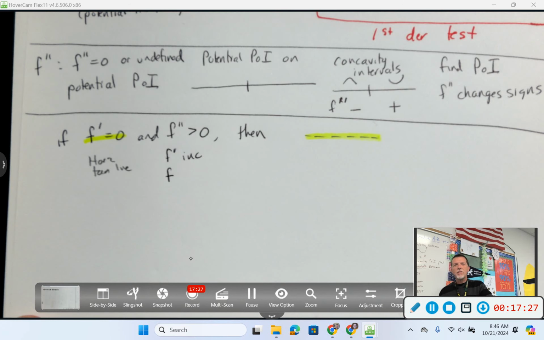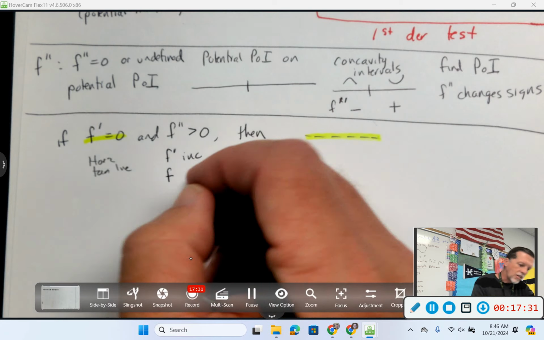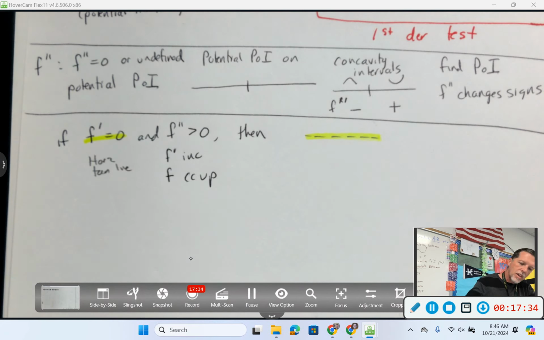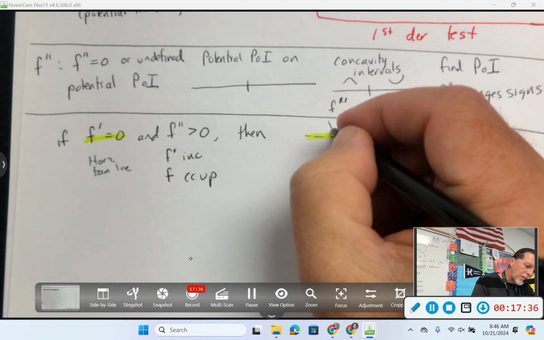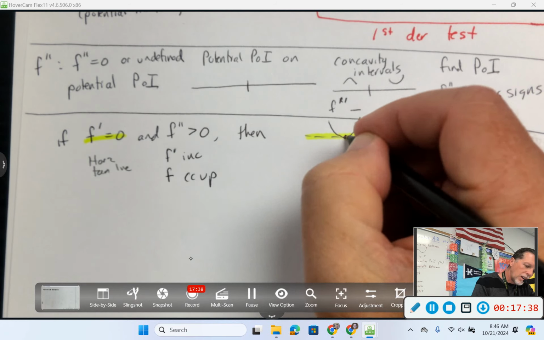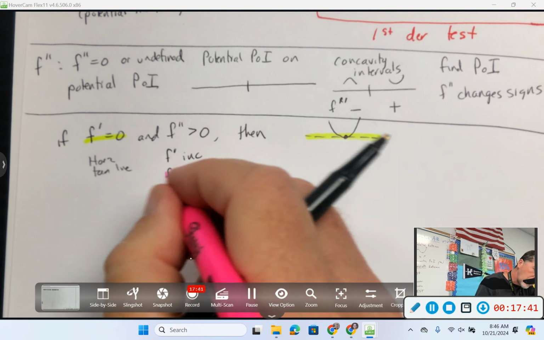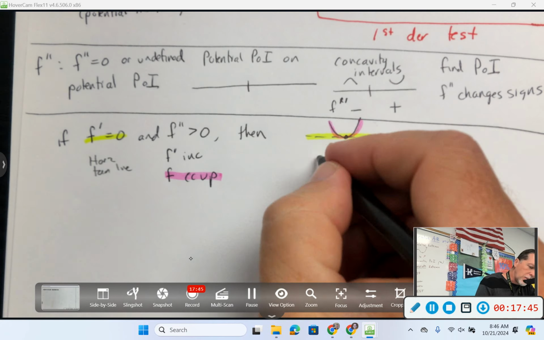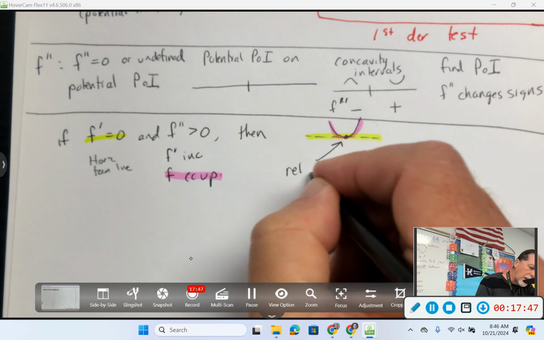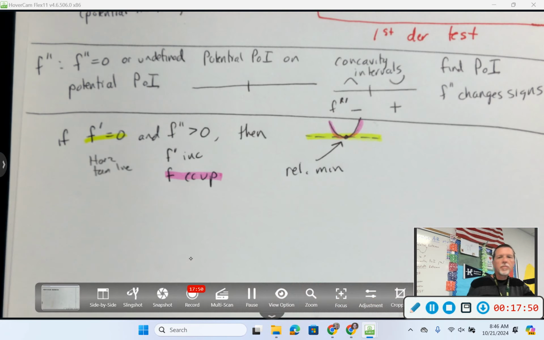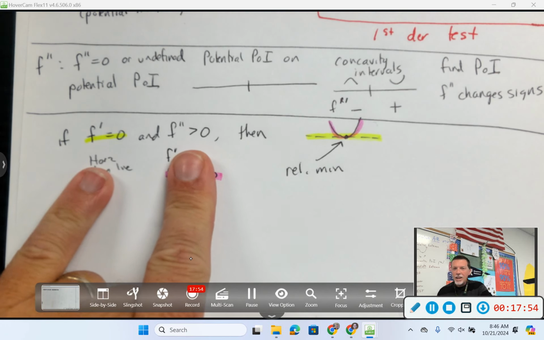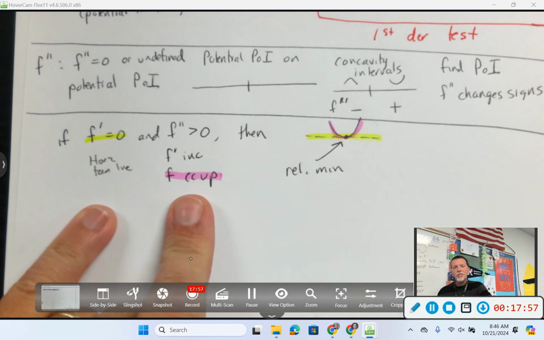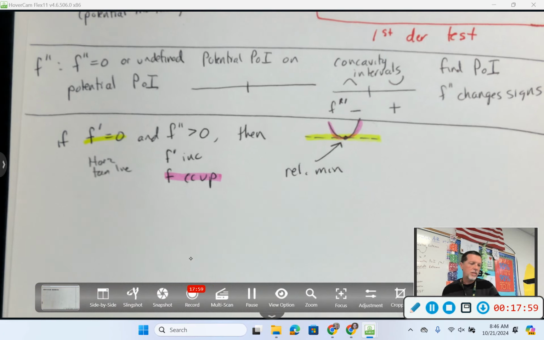If the second derivative is positive, it's concave up. So at the spot where we are concave up and have a flat spot, we found a relative minimum. Again, you can memorize that combination of things, or you could just sketch it out and see what happens.